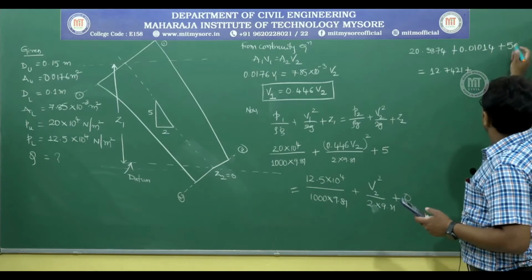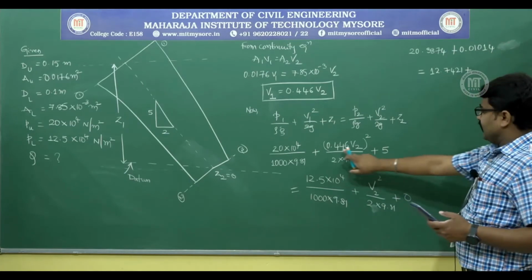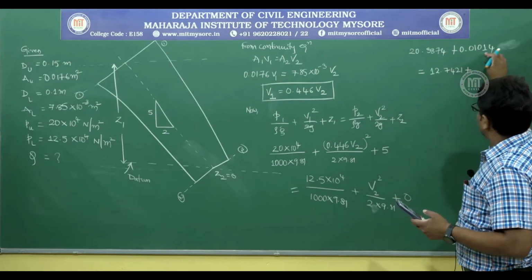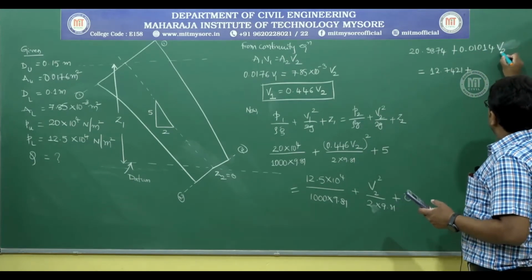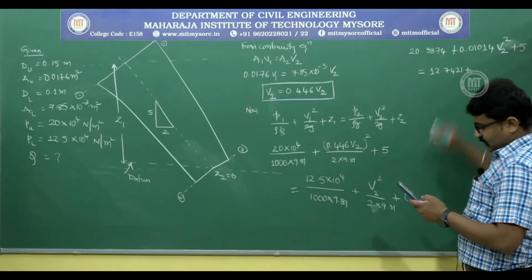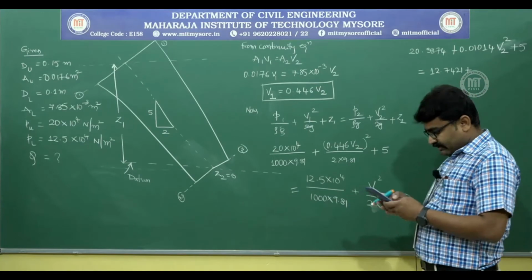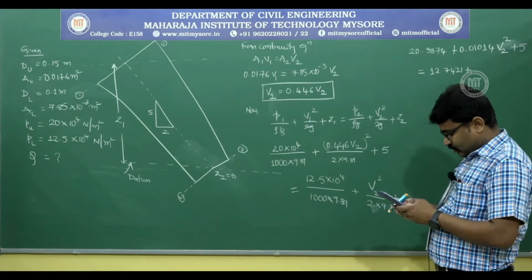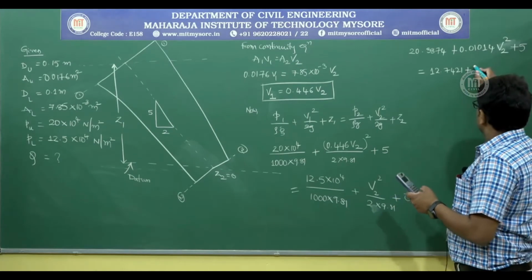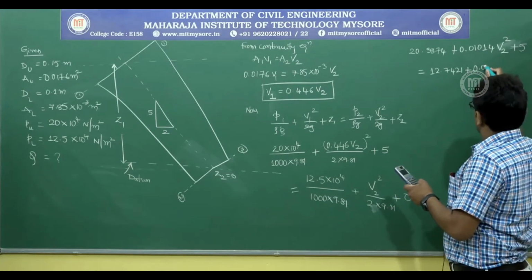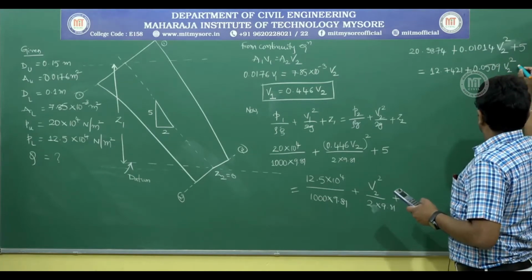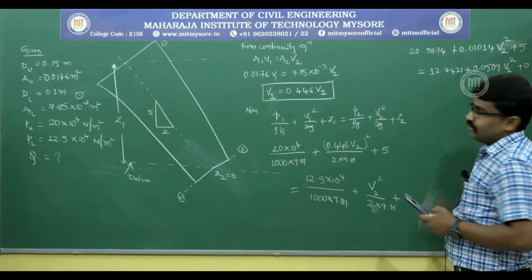I have done 0.446 square divided by 2 into 9.81, which is nothing but 0.01014, but I have left V2 square, plus 5. So, here you have 1 divided by 2 into 9.81. So, that is nothing but 0.0509 V2 square plus 0.